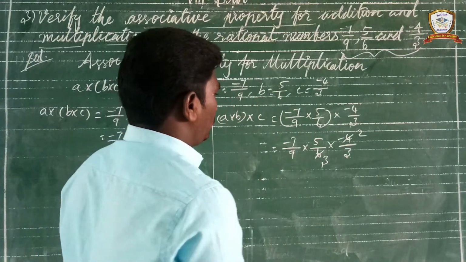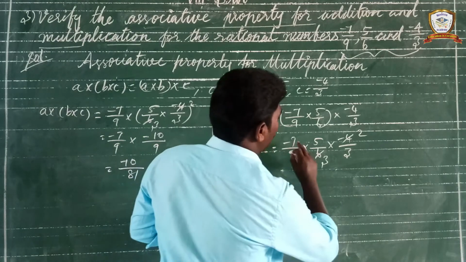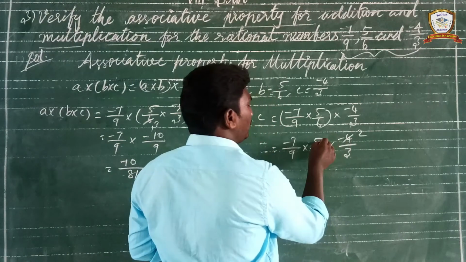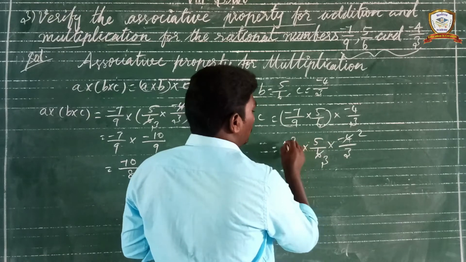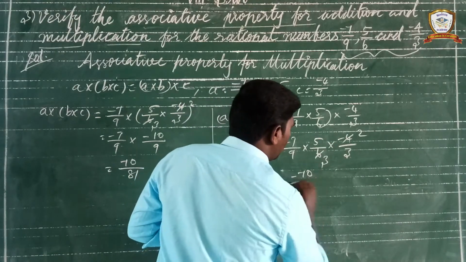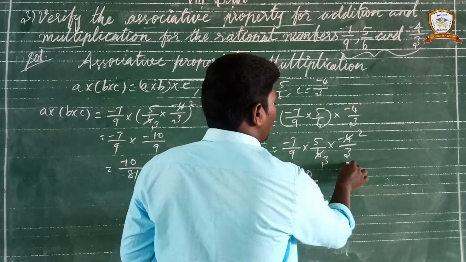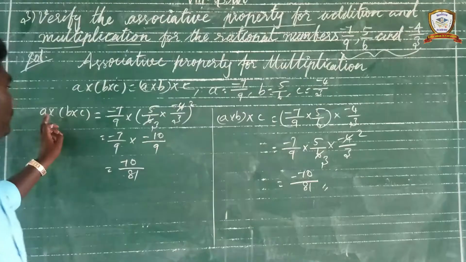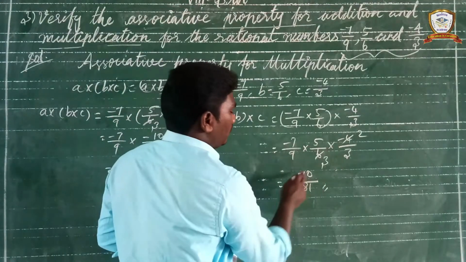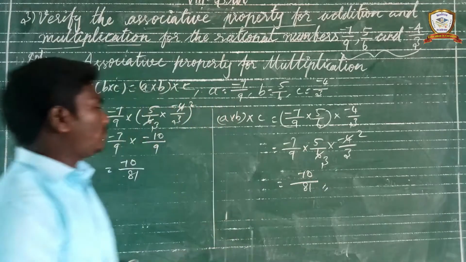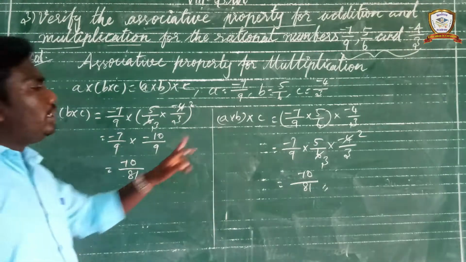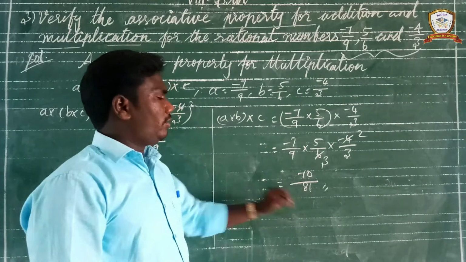Even any cancellation is not there. So the numerator: minus 7, 5 2s are 10, 10 7s are 70. Plus into minus is minus, 70 divided by 3 3s are 9, 9 9s are 81. Therefore minus into minus is plus only, so plus only. Therefore A into B into C is equal to 70 divided by 81.